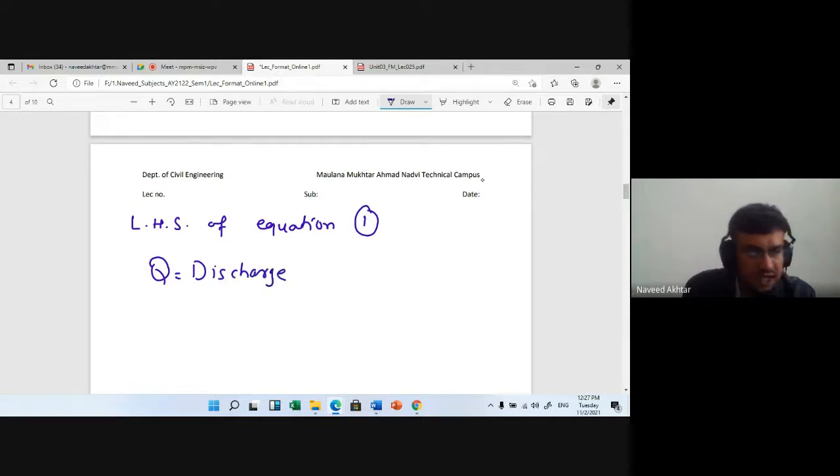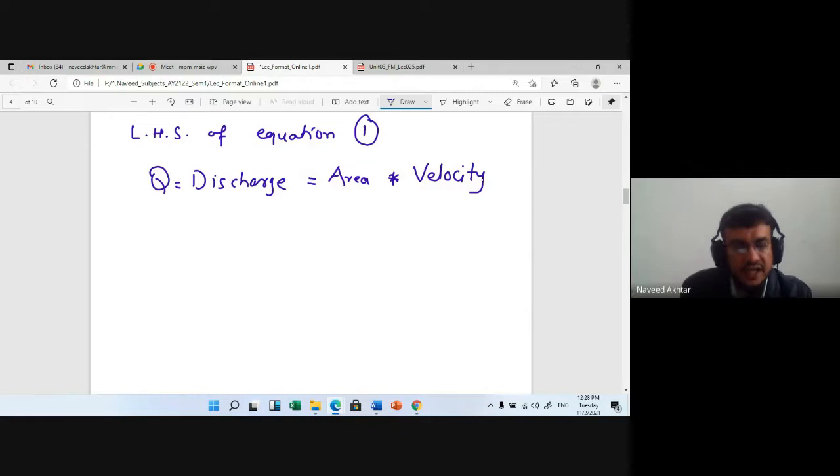And you know that discharge is nothing but area into velocity, or you can write down A into V.